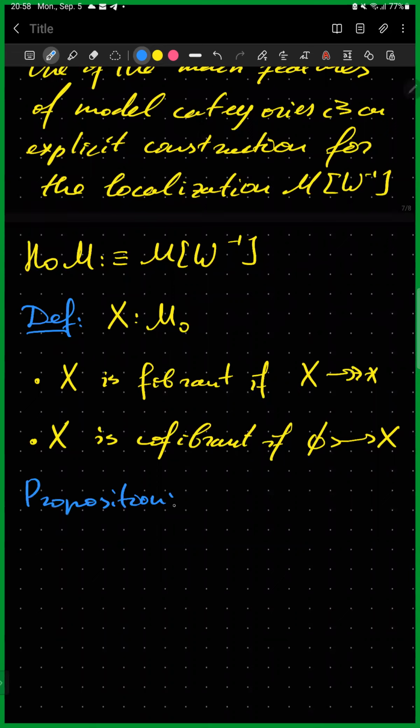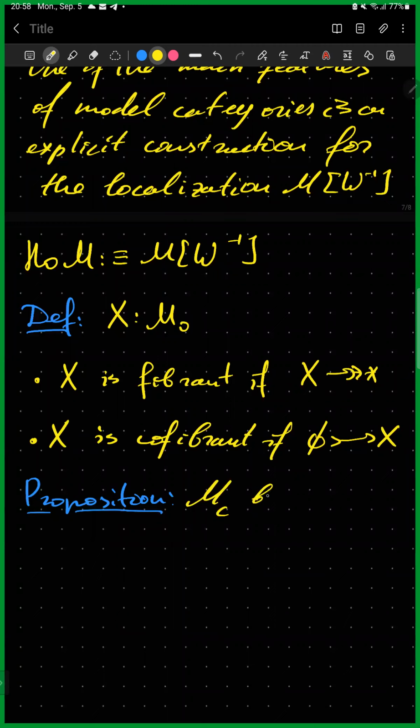So let M_C be the subcategory spanned by cofibrant objects.